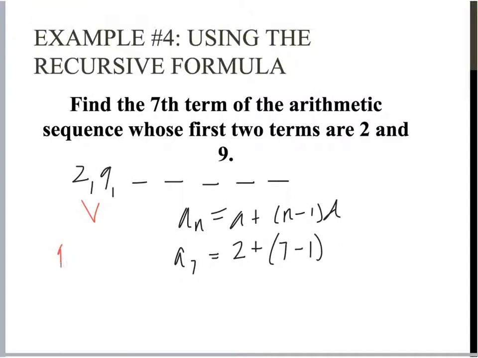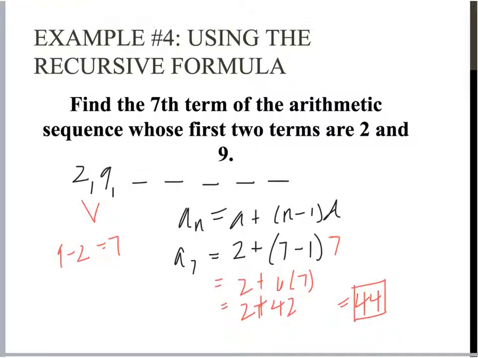Remember, we would do 9 minus 2, or the second number minus the first. We would get 7. So that difference is 7. So this would be 2 plus 6 times 7, which is 2 plus 42. And so your final answer is 44. So 44 is going to be the 7th number in the sequence.